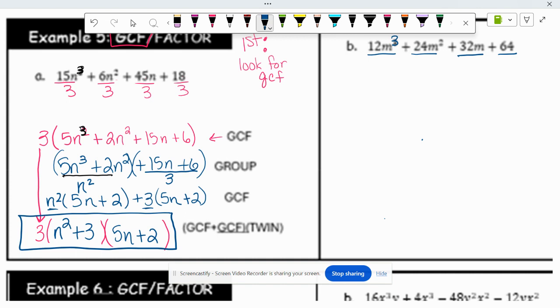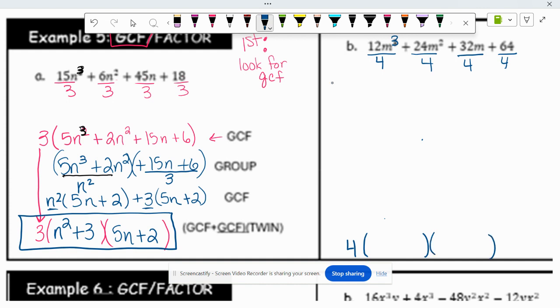It's a little bit smaller than 6. 4. You can take a 4 out of everything. 4, 4, 4, 4. So I'm going to put 4 right down here in the very bottom. I don't want to forget about it. And I'm going to regroup this.